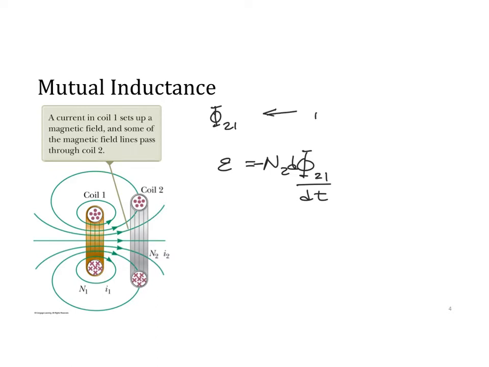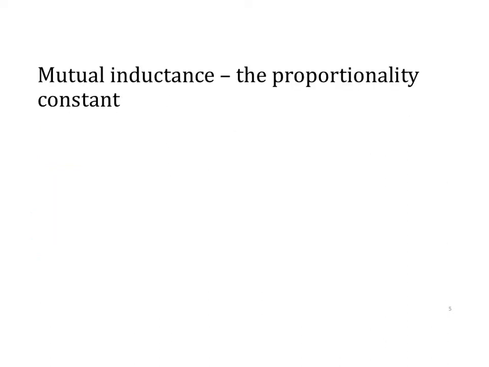So this flux is proportional to the current in number 1 because the magnetic field that's created by coil 1 is proportional to the current that's in coil number 1. So that gets us to the idea of mutual inductance. So if our flux is proportional to the current in number 1 and we've got this EMF, we're going to have a proportionality constant that is our mutual inductance.